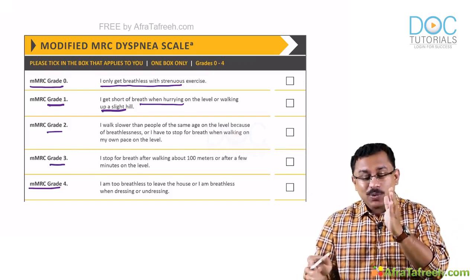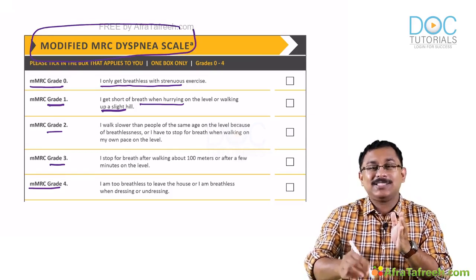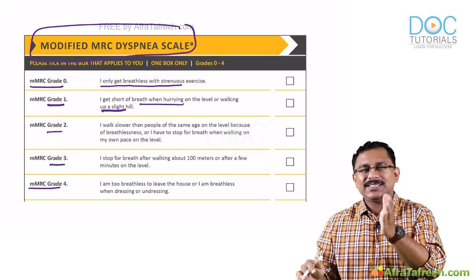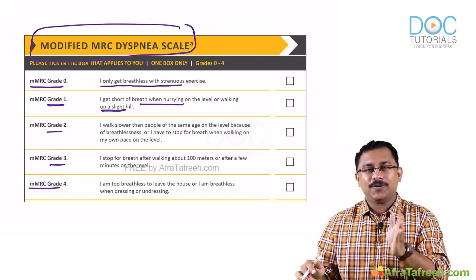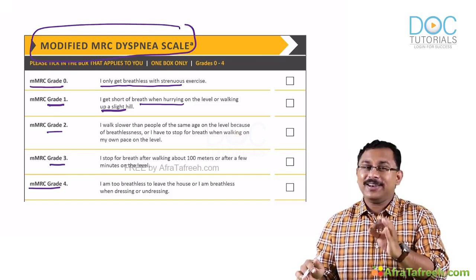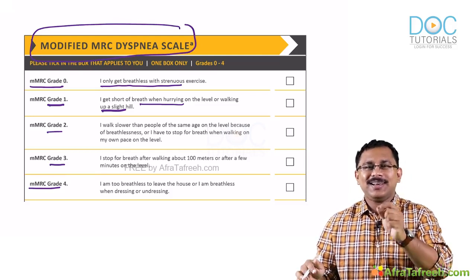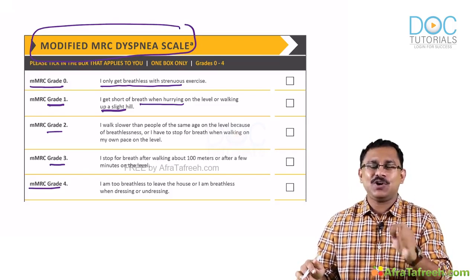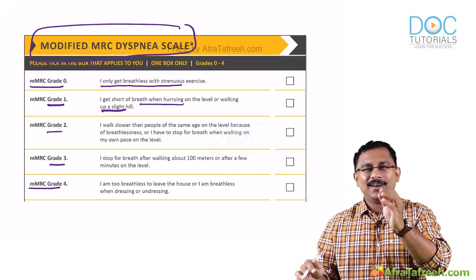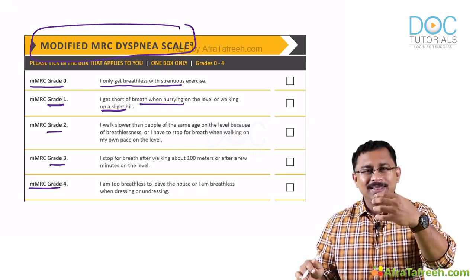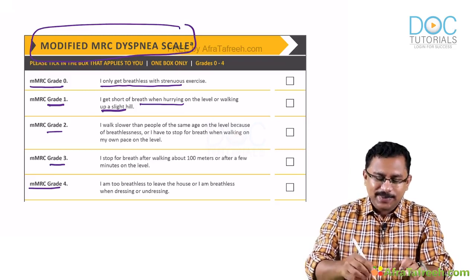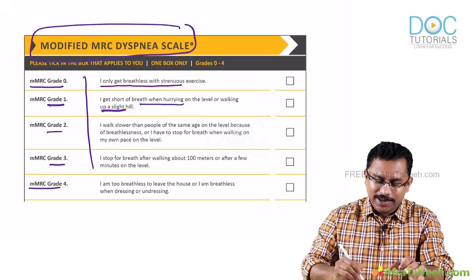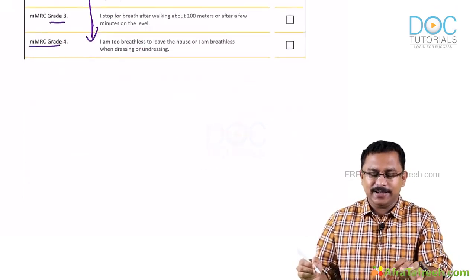But to understand this terminology is very important because this is used in the treatment. I will come to that. For your exam, if you are doing your residency in medicine, this is something you have got to learn. Otherwise, what you have got to understand is that this is the grading used, based on increasing severity.